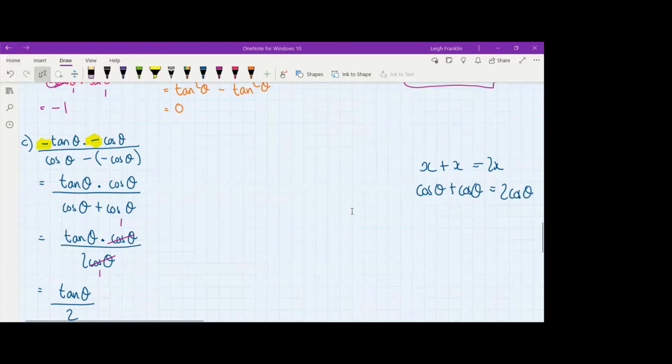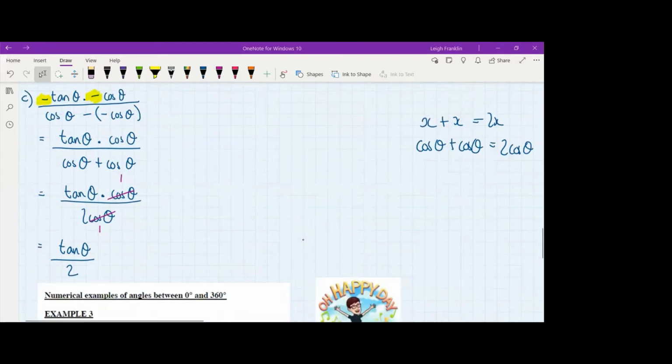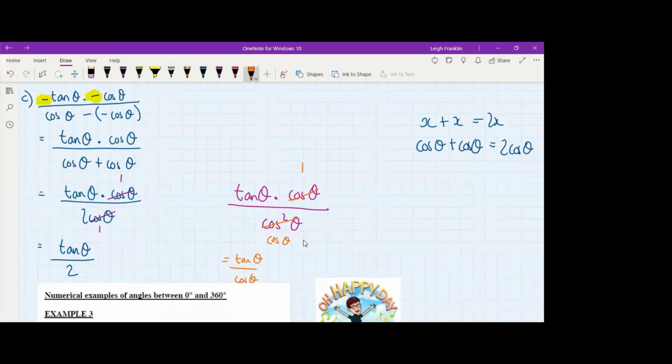Let me just explain that again. All right, so Nzole, if you had tan theta times cos theta, and then over here you had cos squared theta, then you could end up with tan theta over cos theta, because here cos theta goes into itself once and it goes into cos squared theta a number of times. But that's not what this question was.